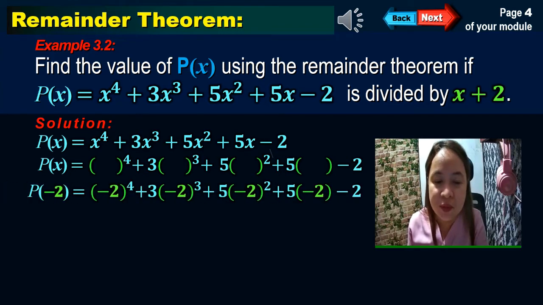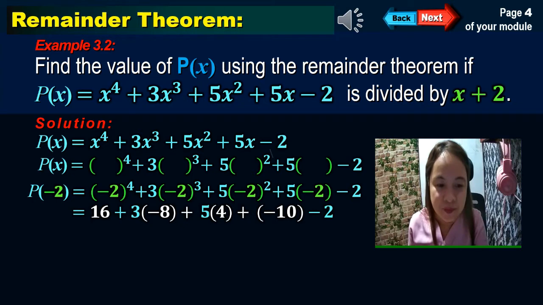So negative 2 raised to 4 plus 3 times negative 2 raised to 3, then 5 times negative 2 raised to 2, then 5 times negative 2, minus 2. Let us simplify. Negative 2 raised to 4 is 16. And then, negative 2 raised to 3 is negative 8. Negative 2 raised to 2 is 4. And then 5 times negative 2, it is negative 10 minus 2.